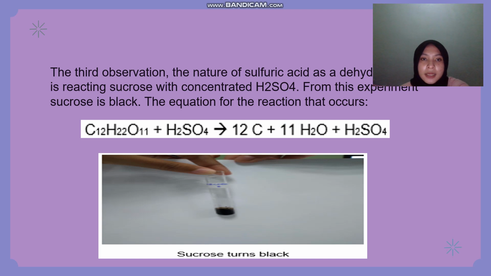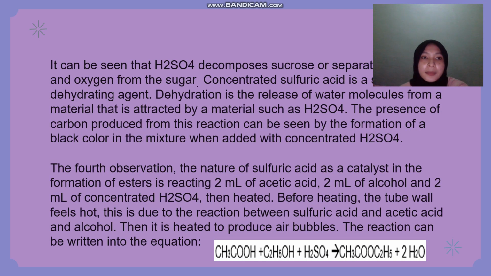The third observation, the nature of sulfuric acid as a dehydrating agent, is reacting sucrose with concentrated sulfuric acid. From this experiment, the sucrose turns black. The equation for the reaction that occurs. In the picture, sucrose turns black. It can be seen that sulfuric acid decomposes sucrose, or separates hydrogen and oxygen from the sugar.